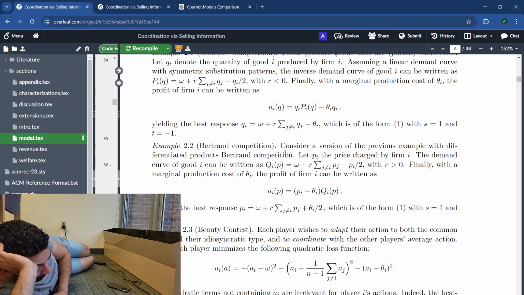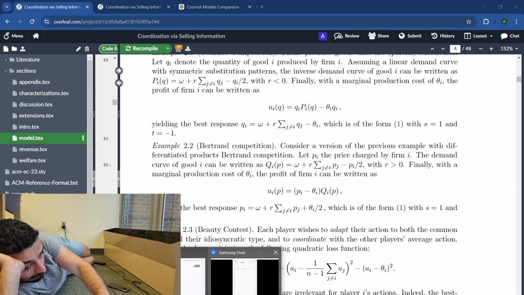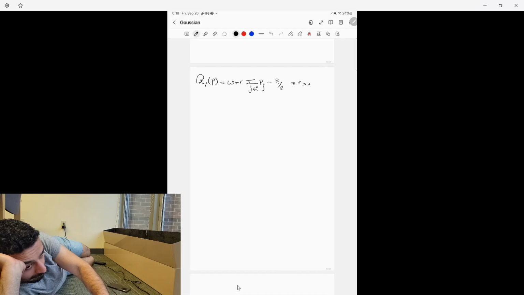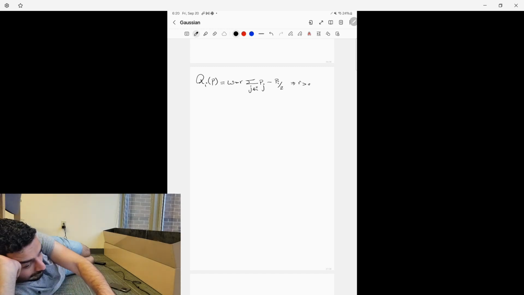Now let's find r, by the way. So r positive. Okay, I have to see the rest of the model.